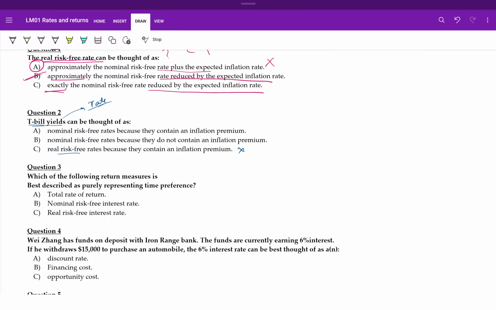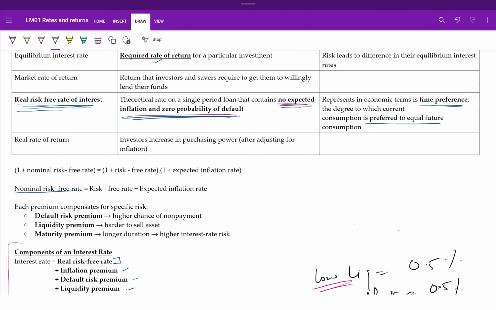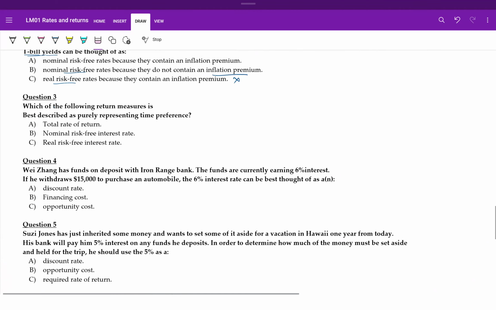When you talk about nominal risk-free rate, it has the impact of inflation, and please assume that inflation is already factored in. If I say the nominal risk-free rate is 5%, this means that let's say 1% or 2% of inflation is already added into that. So option B is also wrong.